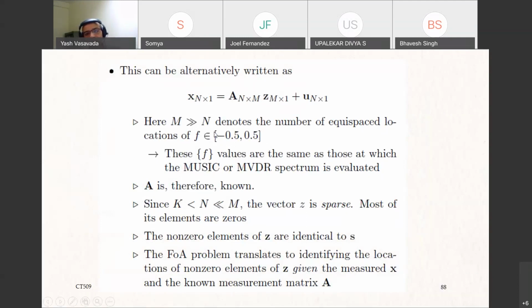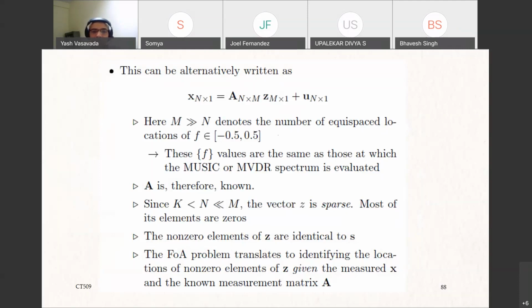Basically, f, as we know, varies from minus 0.5 to 0.5. So we just sample this frequency domain within this range as fine as we want. Suppose we take M different samples, maybe M is 1000. Then we are going from minus 0.5 to 0.5 in 1000 steps.